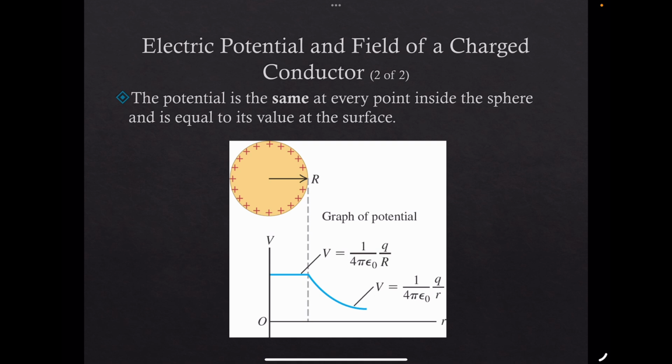So everywhere inside the sphere, the potential is the same. Anywhere along any point in the sphere, the potential is 1/4 pi epsilon naught q over r, where r is the radius of the sphere. And then it's only when you start getting outside the sphere that the potential starts to decrease.